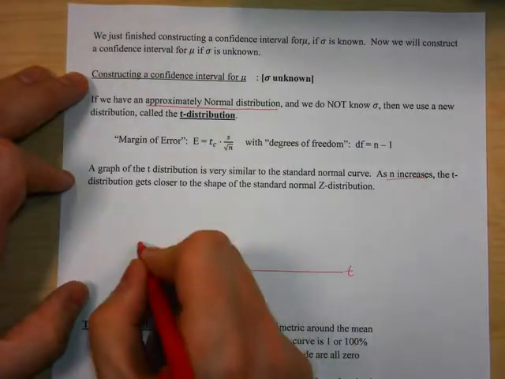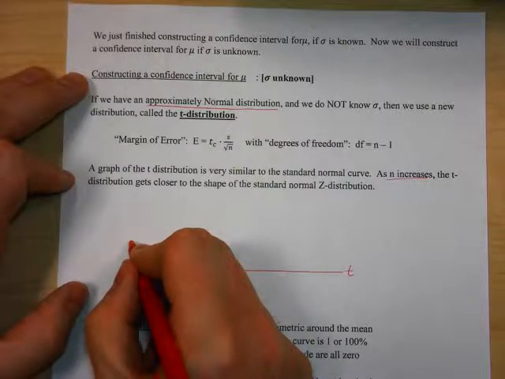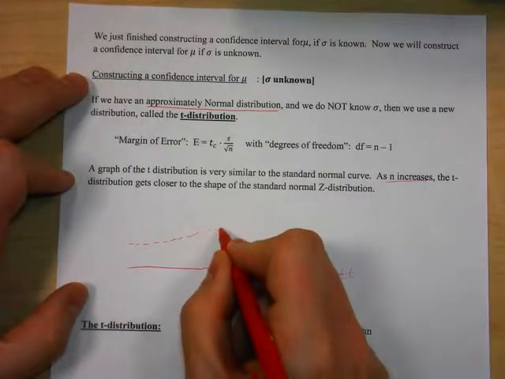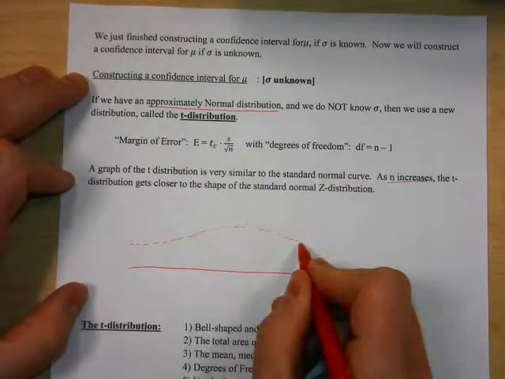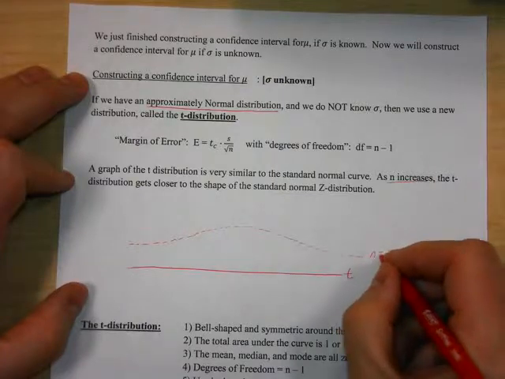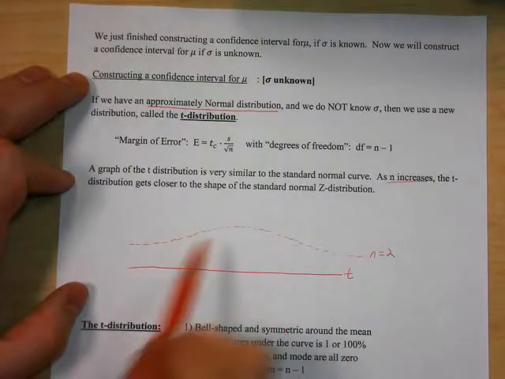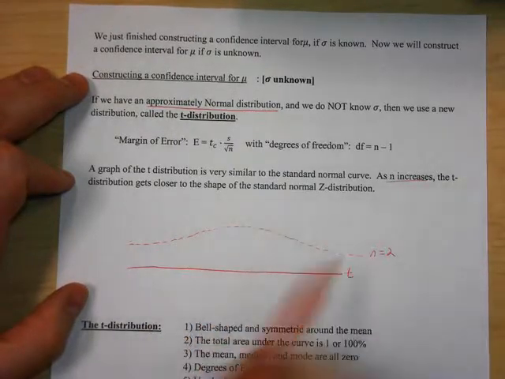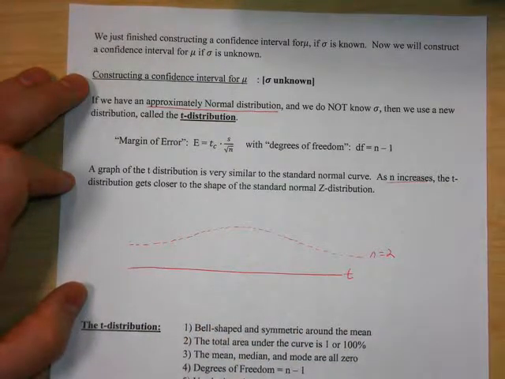So when n is very small, like say n equals 2, the t distribution may look like this, where it might have a little bit of a hump in the center, but not very close to a normal.